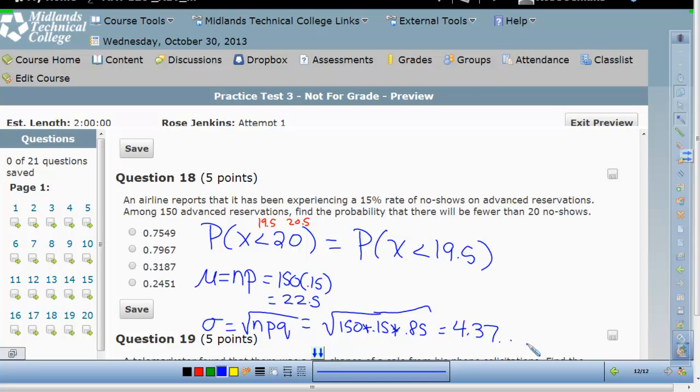Z in this case is equal to 19.5 minus 22.5 all over 4.37 dot, dot, dot. Okay, so let's do that. 19.5 minus 22.5 divided by, I'm just going to hit second answer. I get negative 0.69. So we're interested in the probability that z is less than negative 0.69.